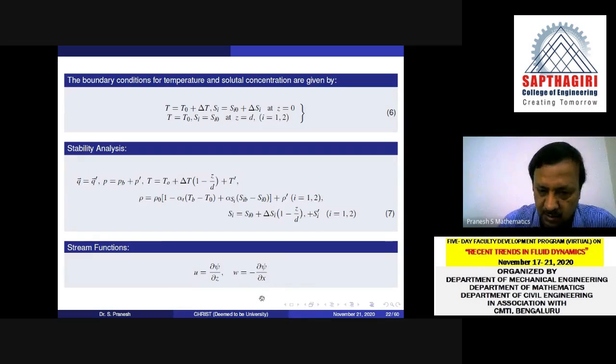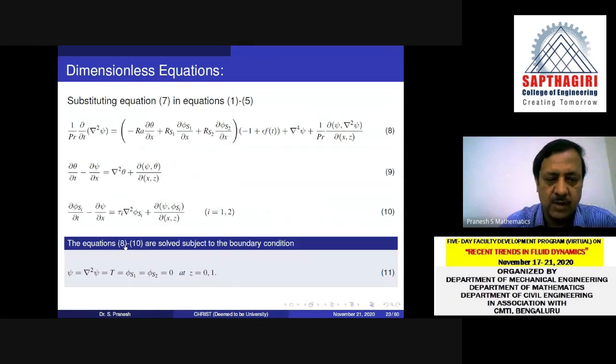We consider this stream function in such a way that it satisfies the continuity equation, conservation of mass. And by substituting this, we also make all the equations dimensionless here.